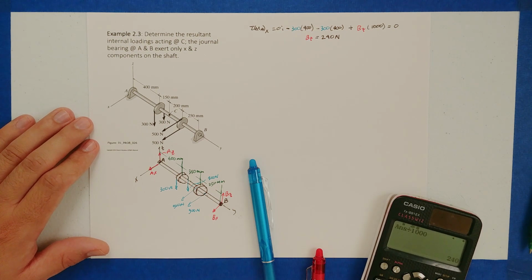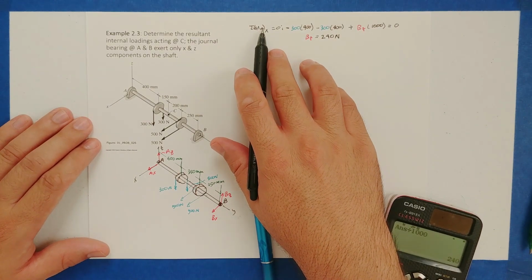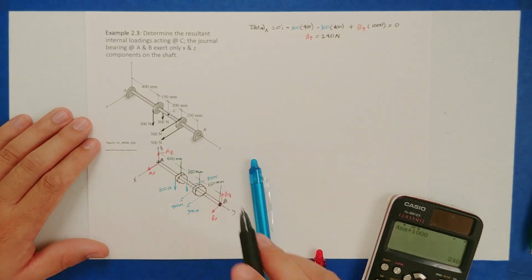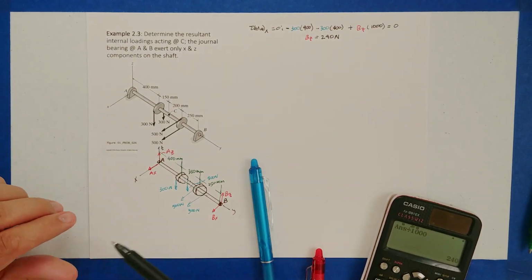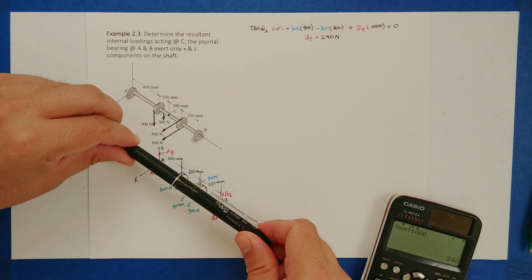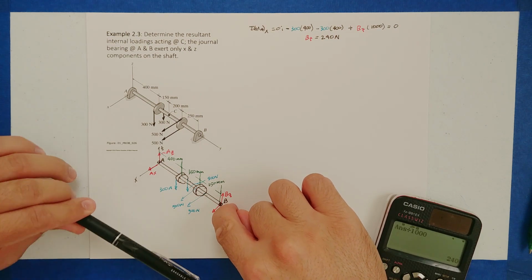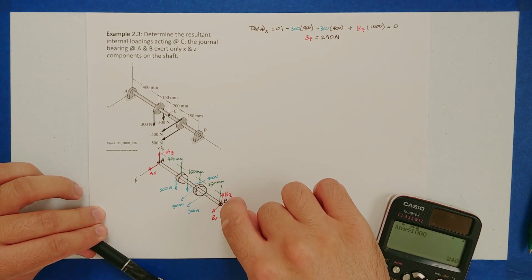Alrighty, so we have the first one. What else? Well, we need to figure out BX. How can we do that? Well, let's see. We have sum of moments at point A about the x-axis. What would happen if we do sum of moments at point A about the y-axis? In this case, we would be checking for rotation of the shaft. Because the z component passes through the y-axis, we're not going to be able to solve for BZ.